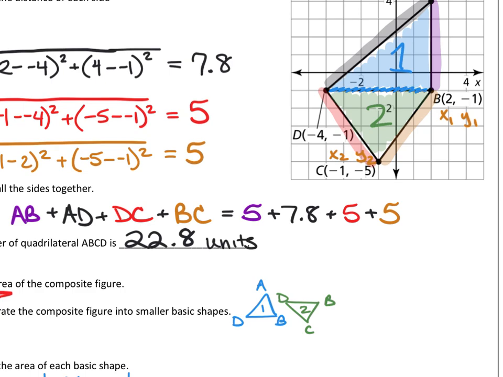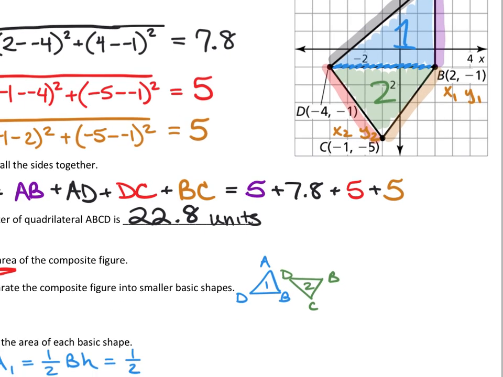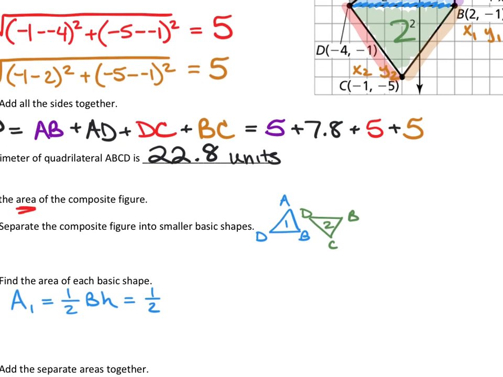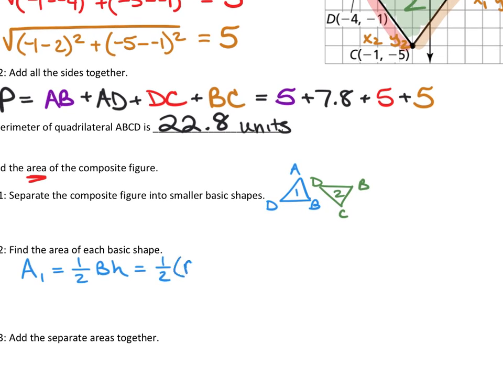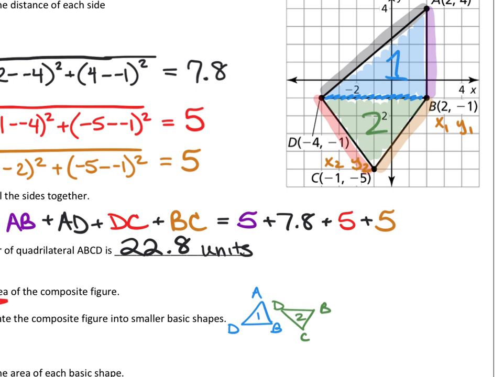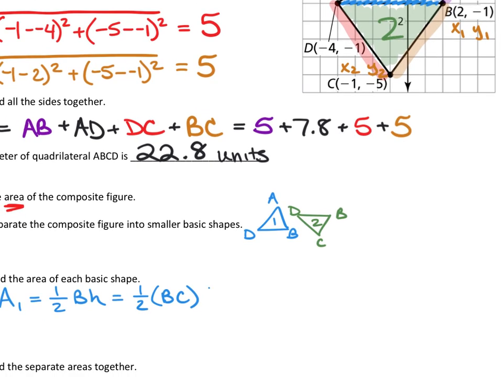What is that segment called? What are the two letters? BD. So we want the length of BD. And then we want the height. What segment represents the height of the blue triangle? The purple, right? So we're going to multiply by also the purple, which is AB.